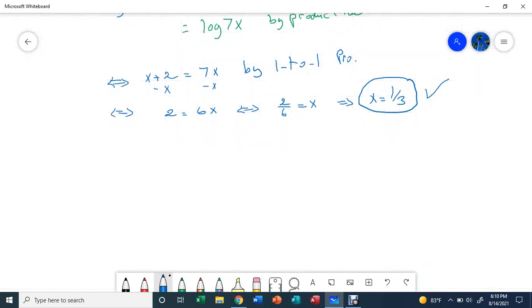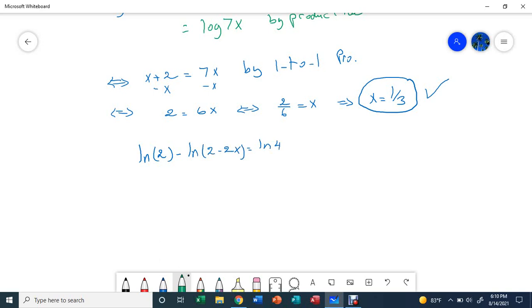So suppose we are solving this equation, ln of 2 minus ln of 2 minus 2x equals ln of 4.